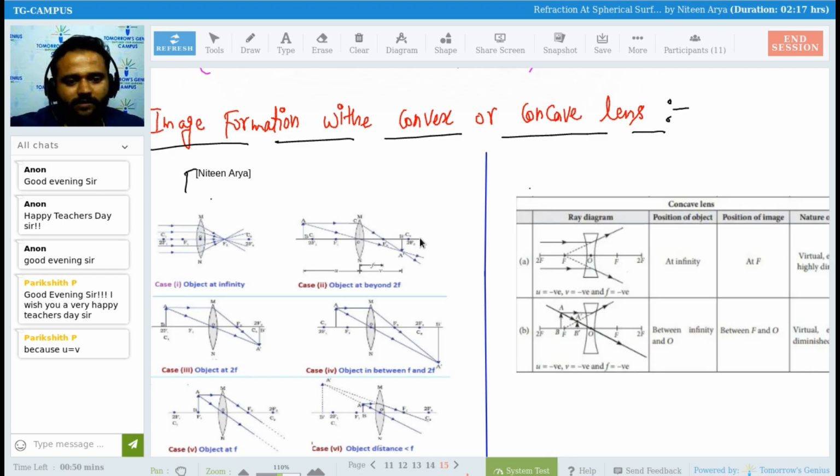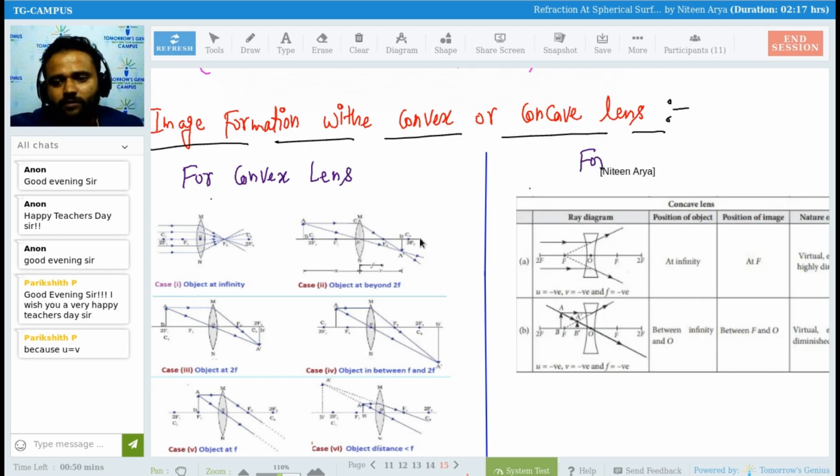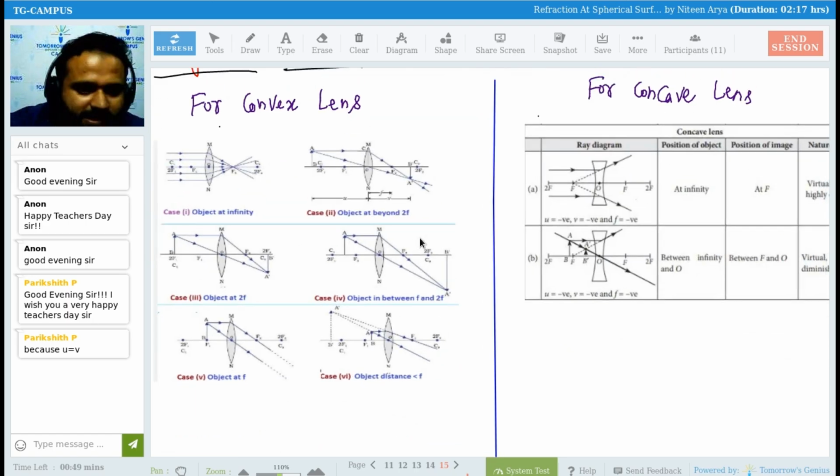So this is for convex lens, and this is for concave lens. And in a minute, you're going to get what I was saying. So now you can see there are 6 cases, as we have 6 cases for concave mirror.